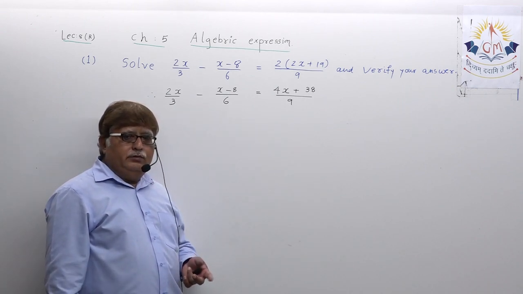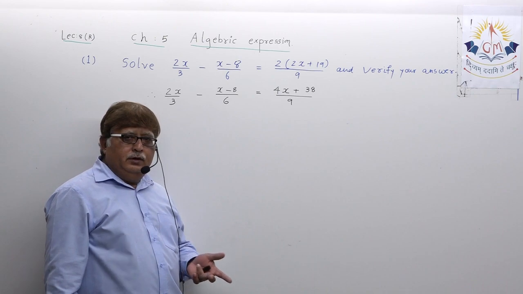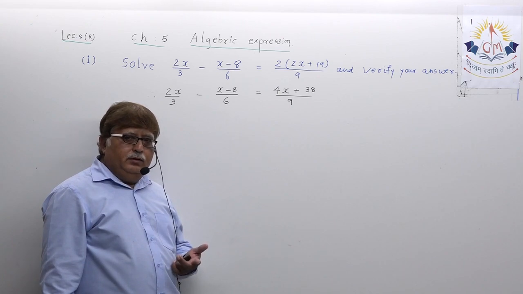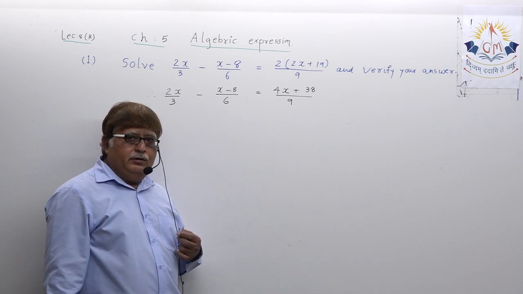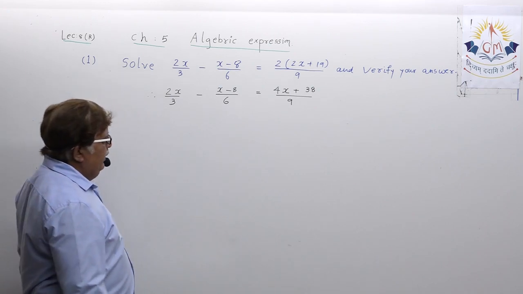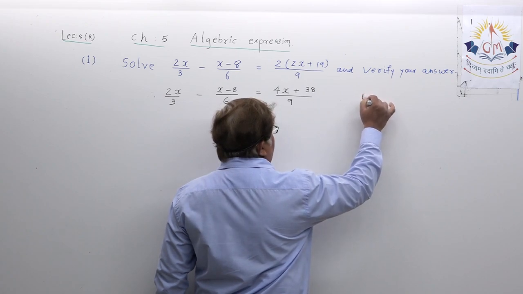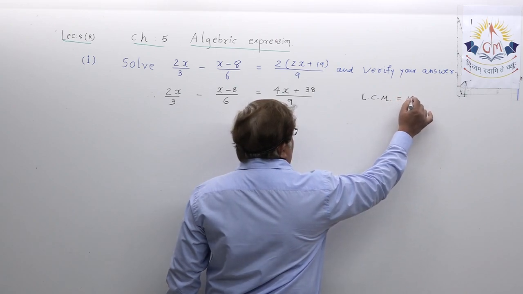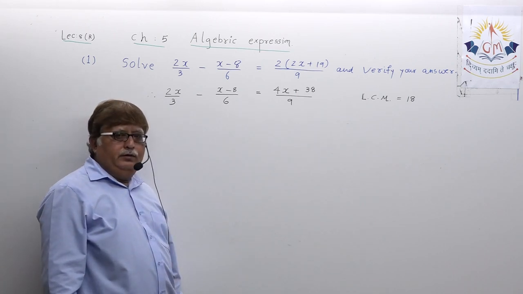Obviously, the LCM of 3, 6 and 9 is 18, you know that. Let me write the LCM here: LCM of 3, 6 and 9, that is 18.